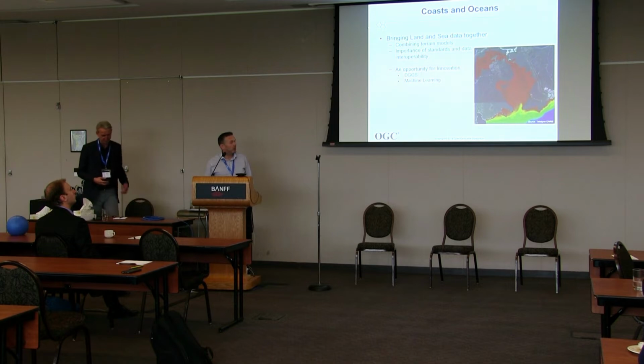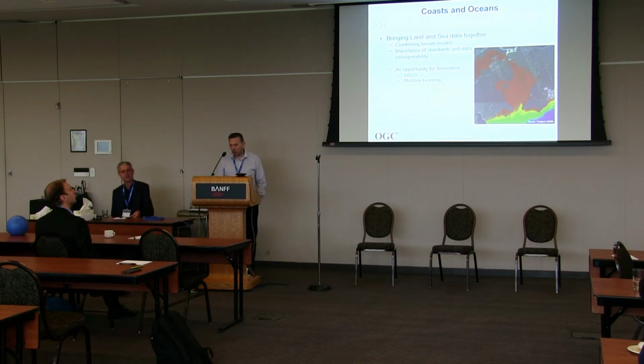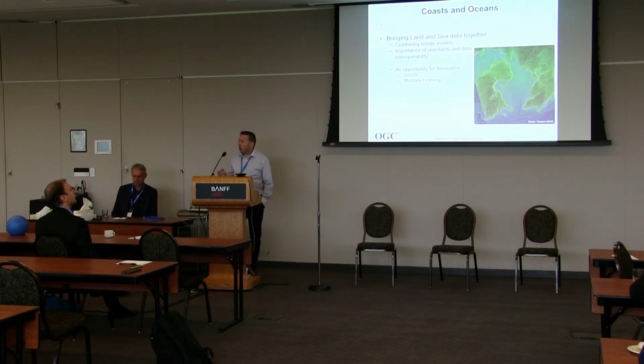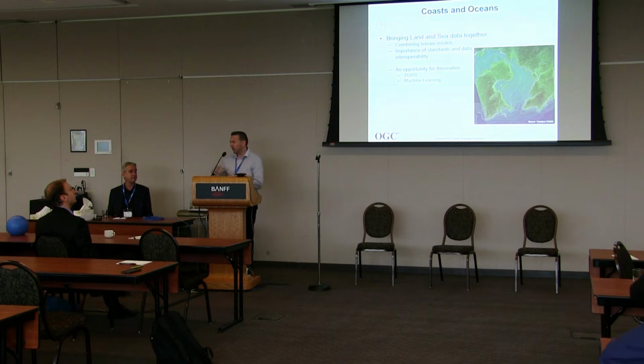What are the challenges with regards to datums and strips of missing information in that ribbon that separates the land and the sea, in the surf zone? The importance of standards quickly comes into play, and the importance of interoperability. If we've got data for the marine piece in a specific format and the land data in another format, how do we bring this together and harmonise it?